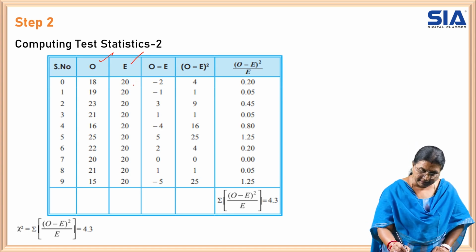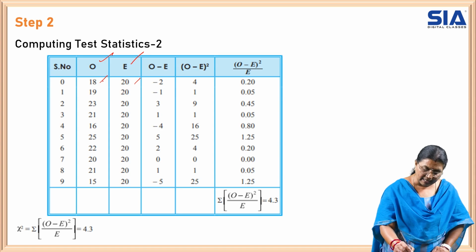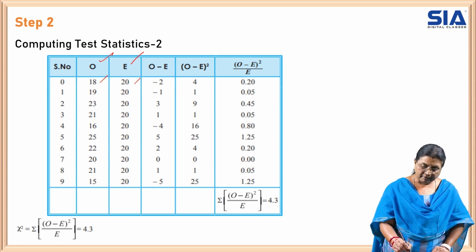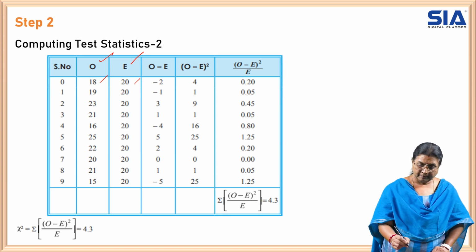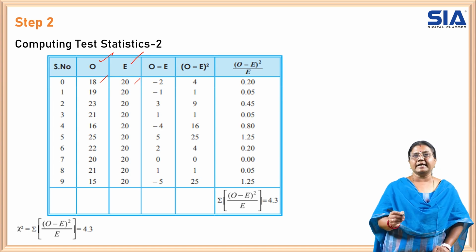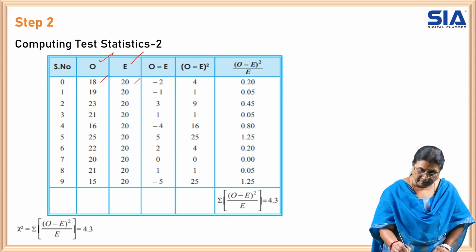The expected frequency is 20 and the observed frequency is 18. Now we check the difference between each observation and the expected frequency. So 18 minus 20 is minus 2, 19 minus 20 is minus 1, then 23 minus 20 is 3.